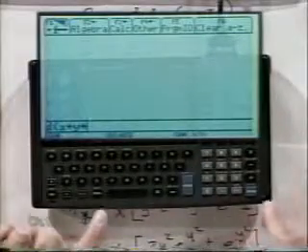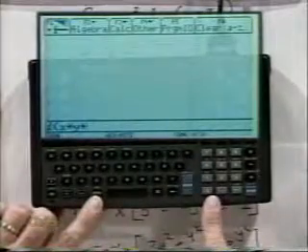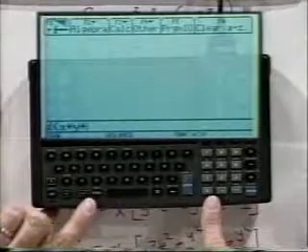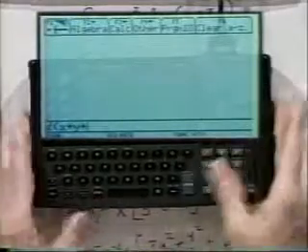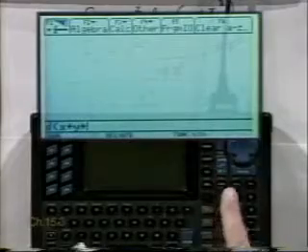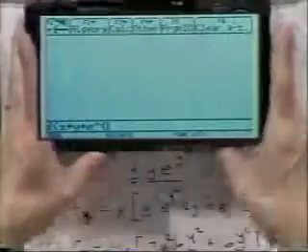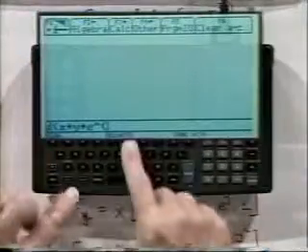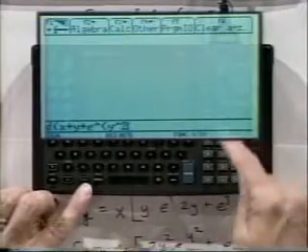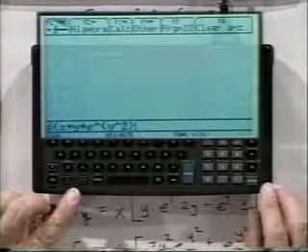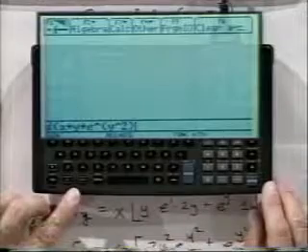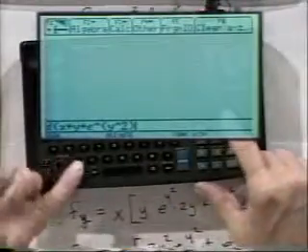My e button is right above my ln button, so I go Shift ln, and I get e to the, and it's e to the y squared, y. Notice we don't have an x squared key on here. All right, now there's my function, xy times e to the y squared, and I want to differentiate with respect to y, so I just go comma y.